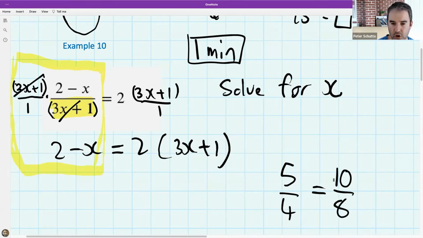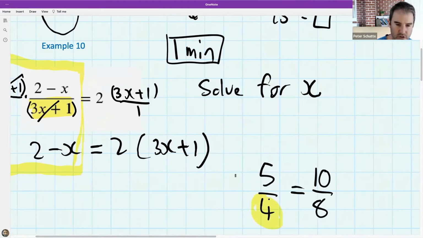You would agree that that's true because I basically doubled the top and bottom. I've multiplied by 2. Now, if I wanted to get rid of this 4 over here, what's the opposite of divide by 4? It's going to be times by 4.